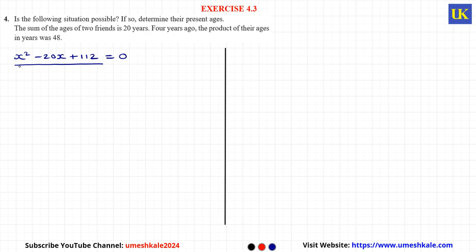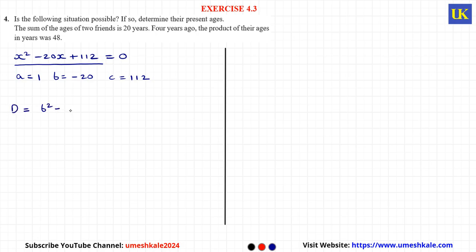Now I have noted this equation on the next page, and we will write the values of A, B, and C. So the value of A is 1, the value of B is minus 20, and the value of C is 112.